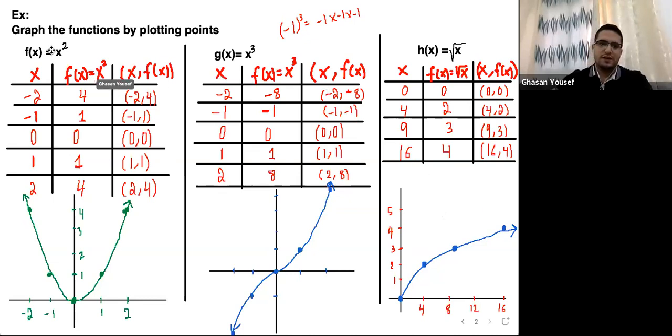So this is like the power function, root function. And this is the graph for any function of this form.